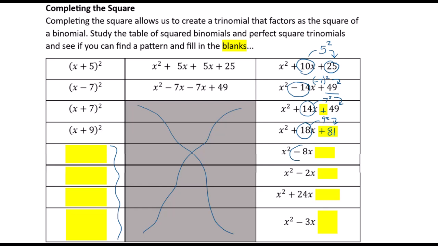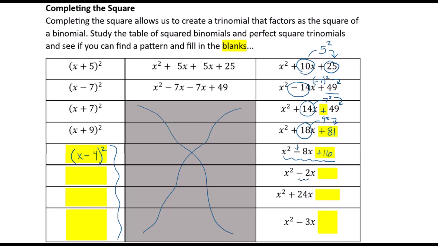Half of negative 8 is negative 4. Negative 4 squared is positive 16. Now, once I have that trinomial, how does that factor as a binomial? This is x. The minus is going to go here because I have a minus here, and 4 quantity squared.